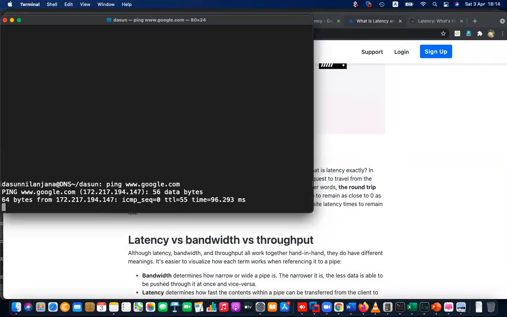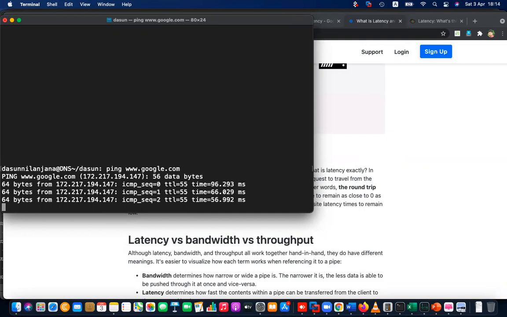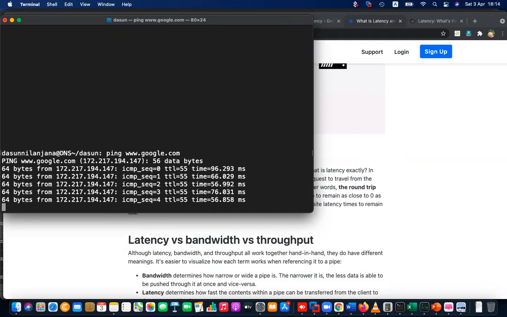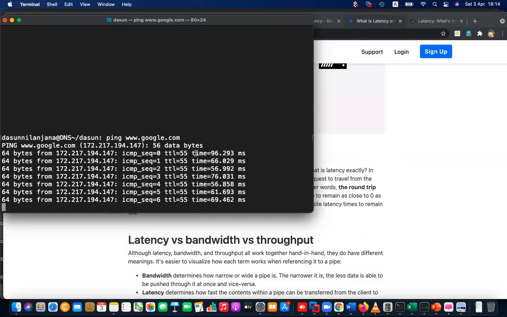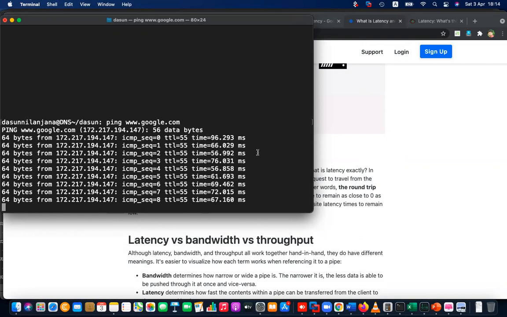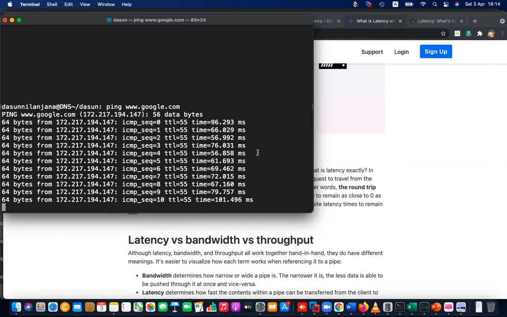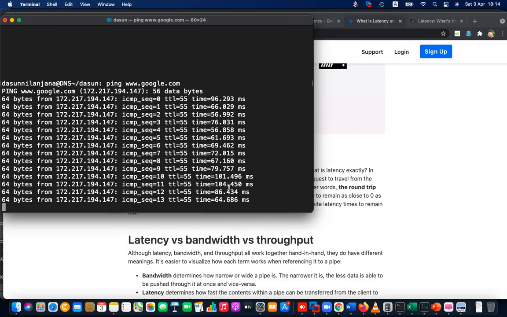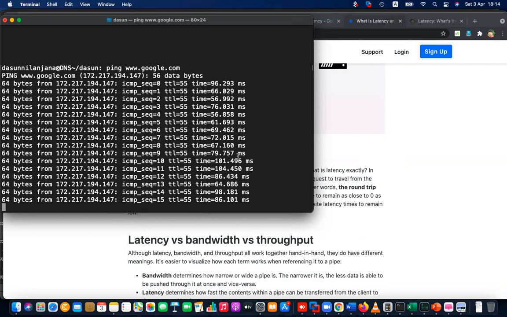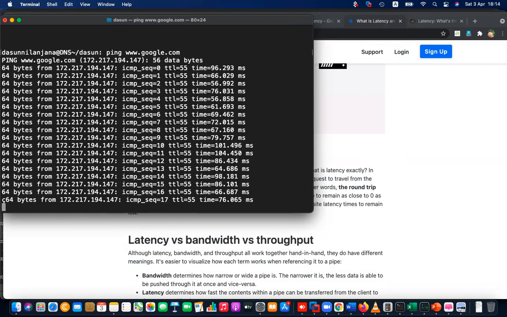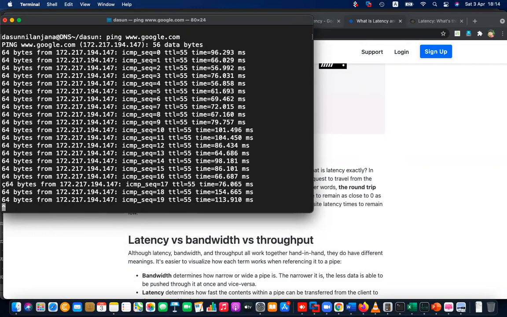Press enter, and you can see here it shows the time in milliseconds, the time in milliseconds to get the reply. You can see it depends from time to time. Normally in Windows you will get 4 responses.